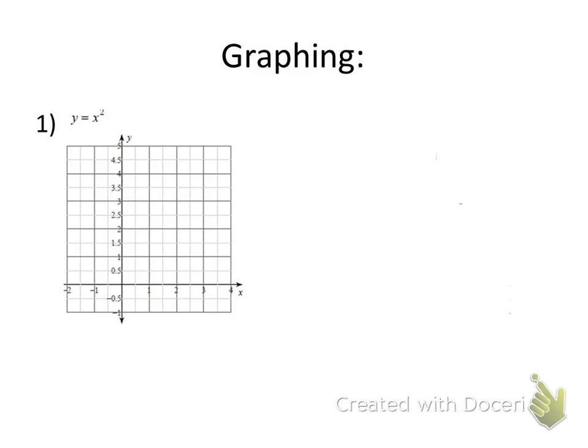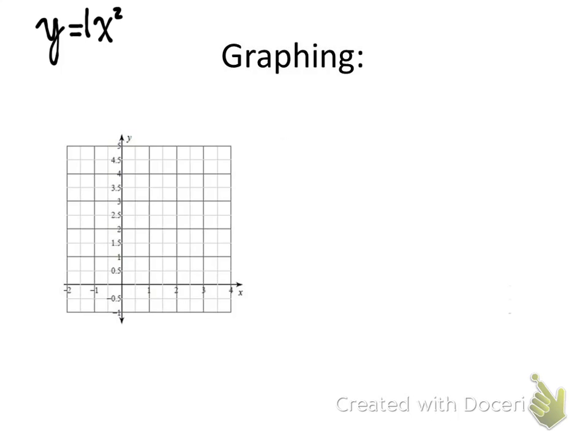Okay, graphing. When we graph any sort of quadratic, this is one way to do it. You could graph anything by making a table. So y equals x squared is the problem, and we need to know what our a, b, and c are. We only know what our a is because the coefficient of x squared is 1, but we need to know b and c.